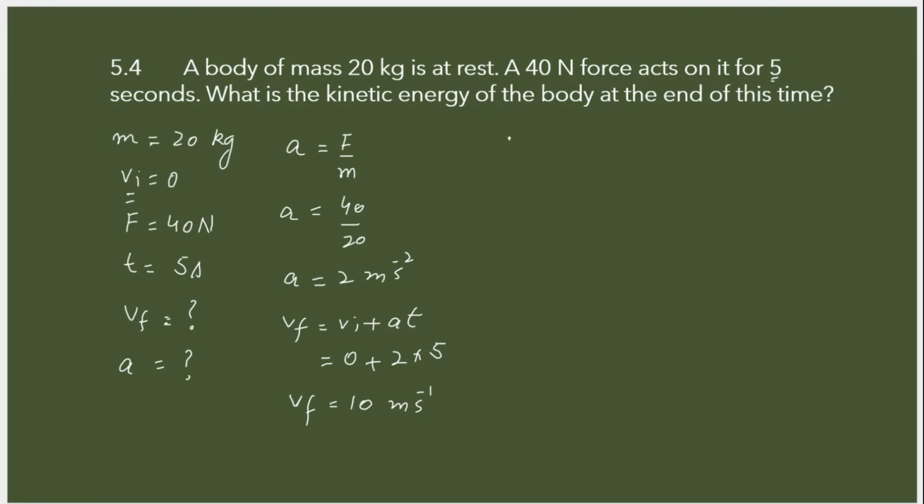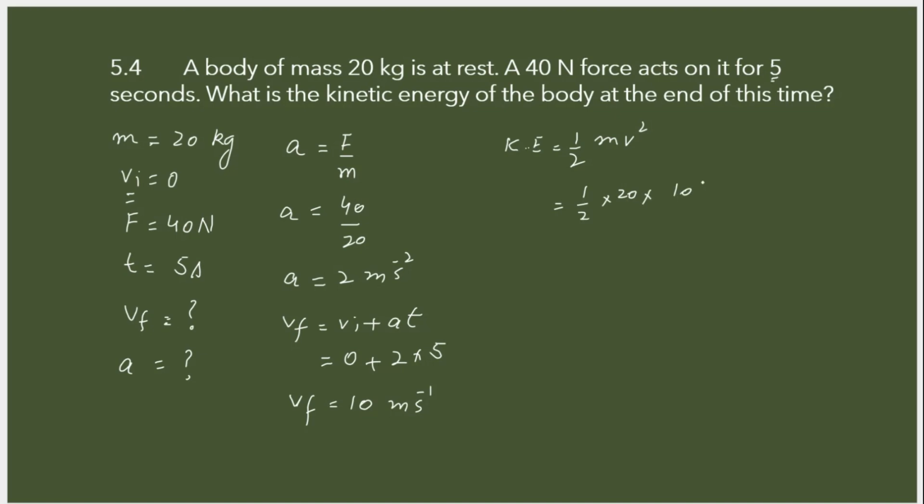Since we have to calculate the kinetic energy, the formula for the kinetic energy is 1 over 2 mv square. Now we put the values: 1 over 2, and the mass is 20 kilogram, so we put 20, and the velocity is 10 meter per second.